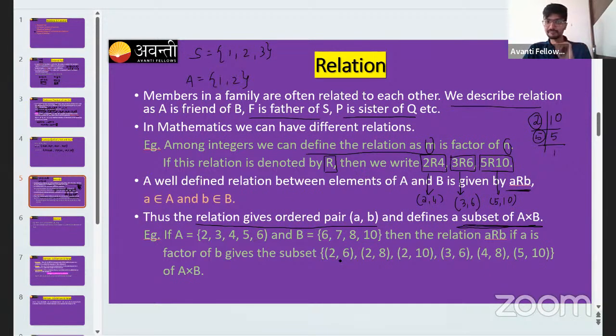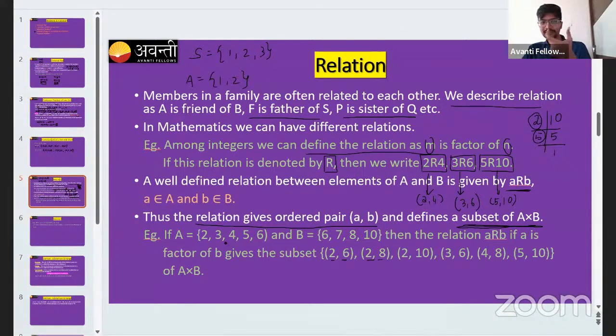If a is a factor of b, the first element should be from A and the second element from B. So yes, 2 is a factor of 6, meaning 6 comes in the table of 2, 2 threes are 6. 2 is a factor of 8, meaning 8 comes in the table of 2, 2 fours are 8. 2 is a factor of 10, similarly 3 is a factor of 10? No, 3 with 6; 4 with 8, and 5 is a factor of 10.